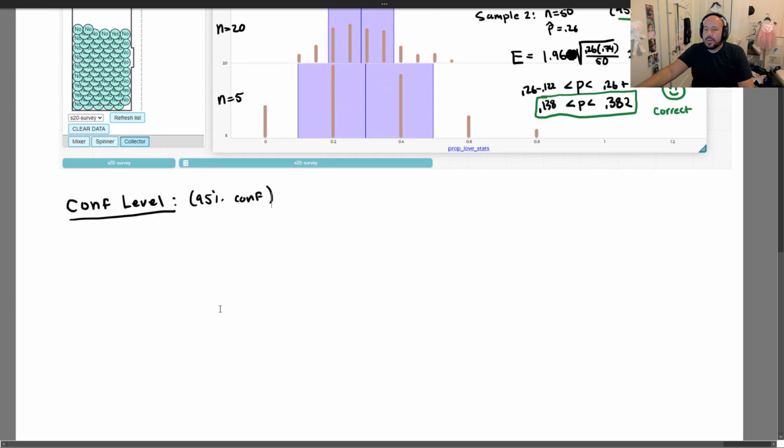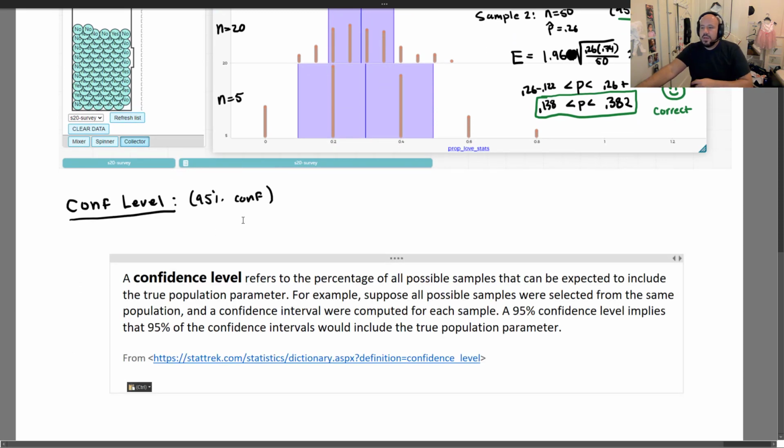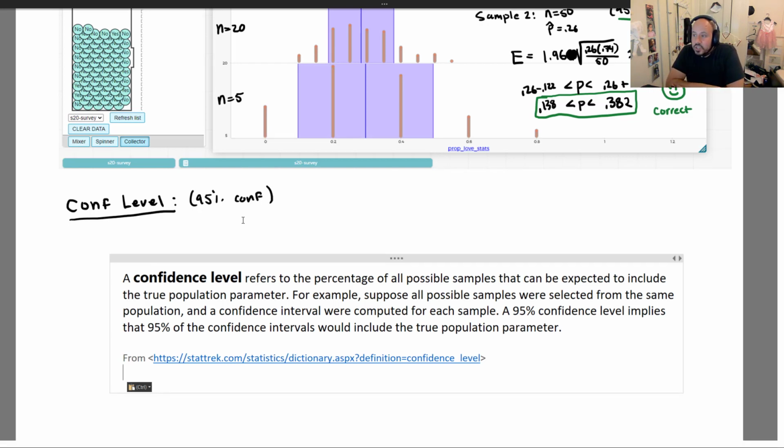And I'm going to talk about what it really signifies. Okay? And so what this really signifies is, it says the confidence level refers to the percentage of all possible samples that can be expected to include the true population parameter. Okay?